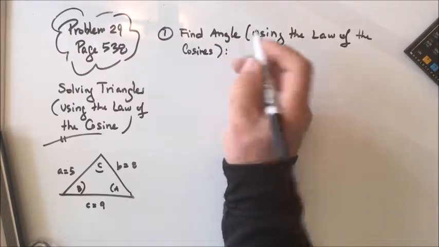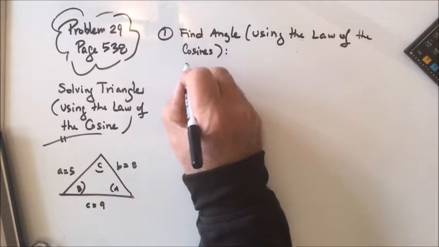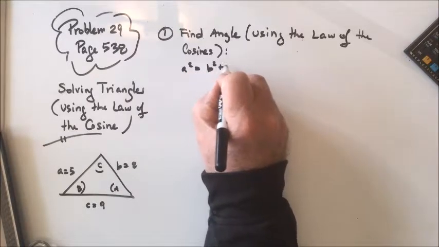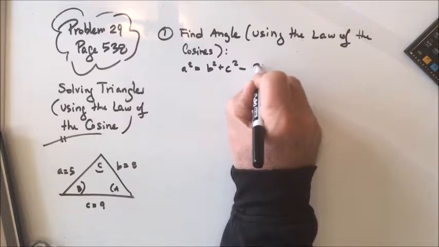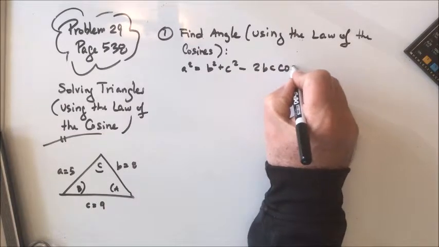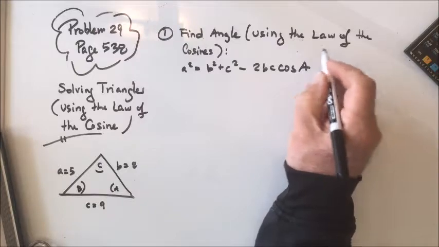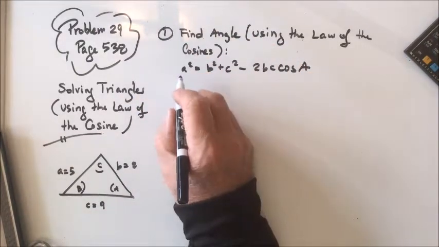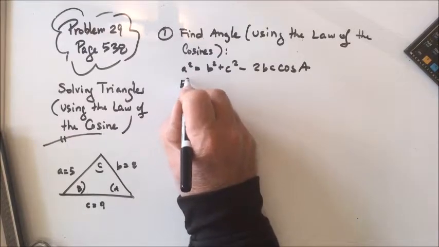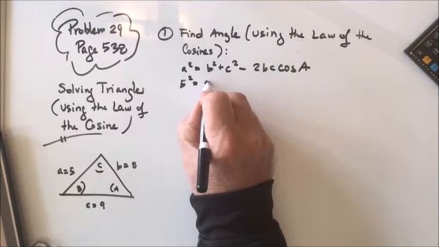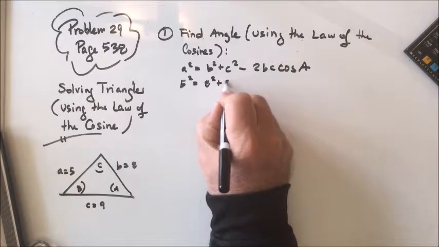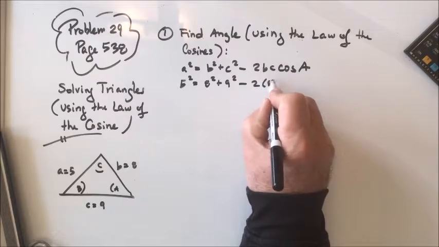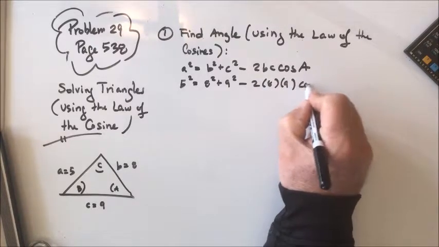For angle A, that manifestation of that law is that A squared is equal to B squared plus C squared minus 2BC cosine A. I know everything here except for cosine A, so I should be able to solve this equation. A is 5, so this is 5 squared. B is 8, so this is 8 squared. C is 9, minus 2 times 8 times 9, cosine A.